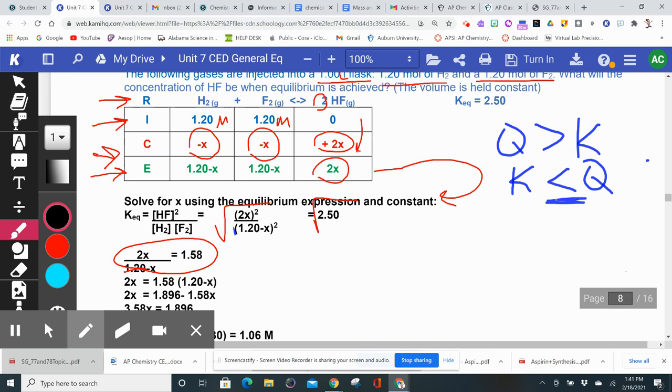So in this case, if K is less than Q, then the reaction is going to go to the left. If K is greater than Q, then the reaction is going to go to the right. So when you're given reaction quotient and equilibrium constant, you have to compare them. I would set it up that way. It's going to make it a lot easier for you to determine which way the reaction's going.